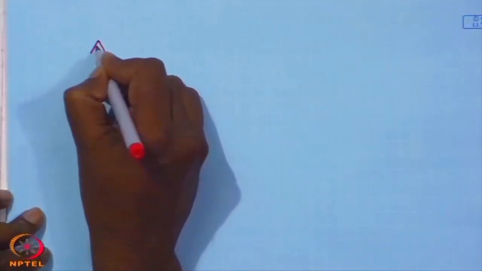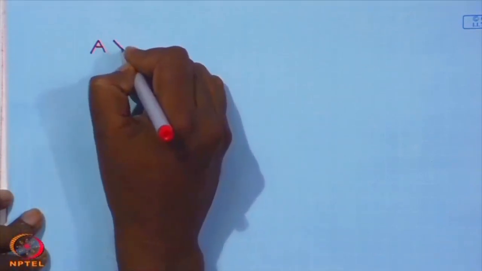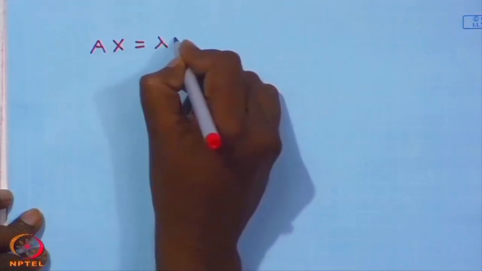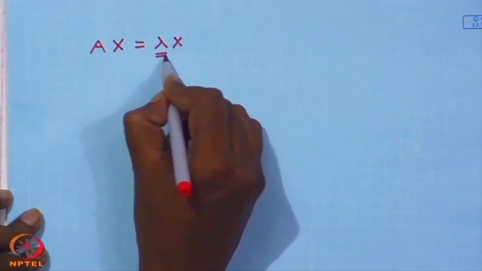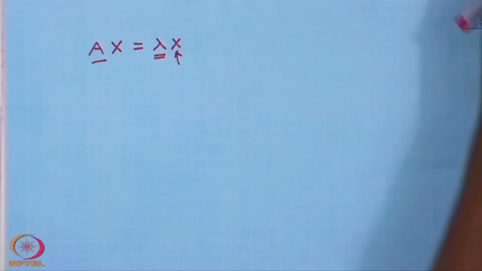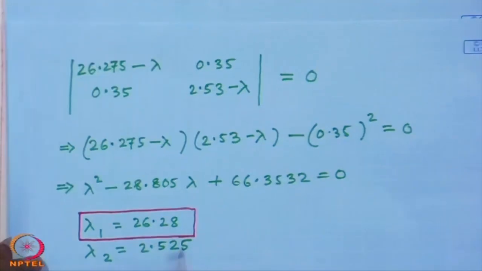You also know the eigenvalue equation: if A is my matrix and x is the eigenvector, then A x is equal to lambda x, where lambda is the eigenvalue and x is the eigenvector of matrix A. Following the same, let us find the eigenvector corresponding to the maximum eigenvalue lambda, equal to 26.28.